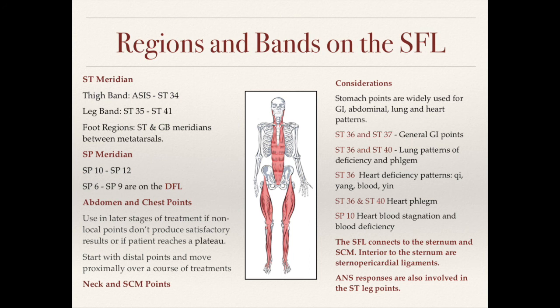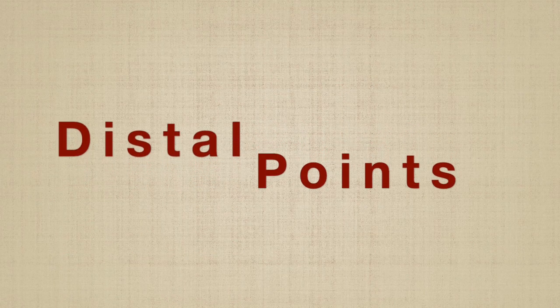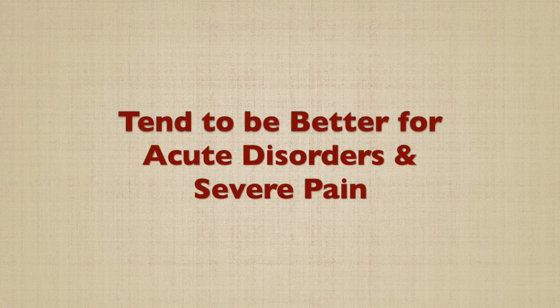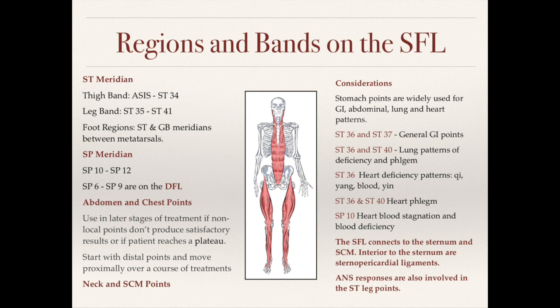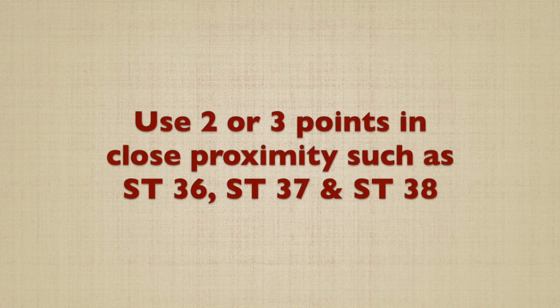But we don't do that in the Tung style. We do the more distal points. In TCM, we would also likely use a point like stomach 36 for abdominal complaints. But in the Tung system, we'll do the Daomos, where we use a group of 3 points on the leg in close proximity to each other.